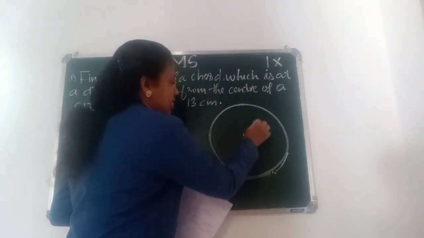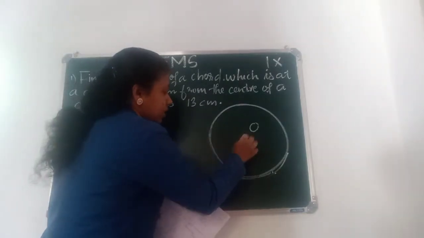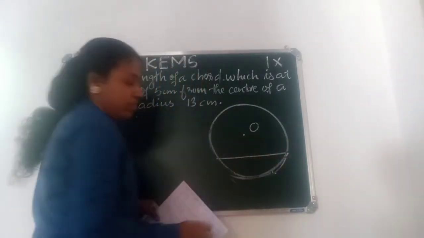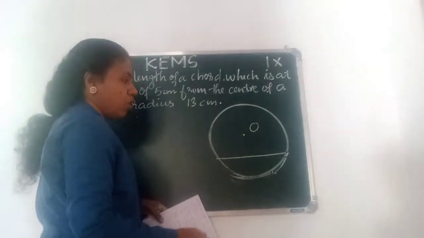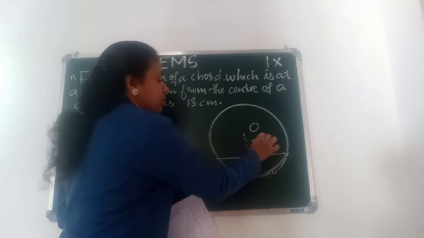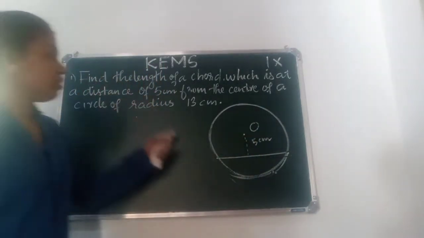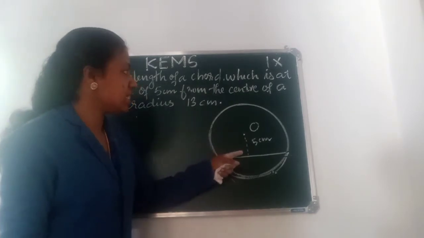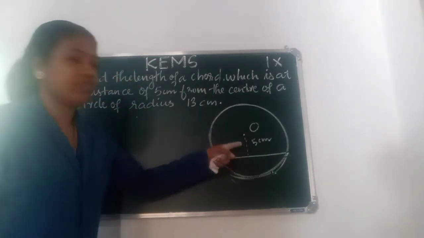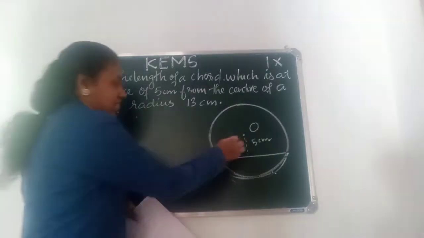So, the center is this O and this is the chord. We need to find the length of this chord. Then this is the distance given, this is the distance 5 cm. The radius is given.